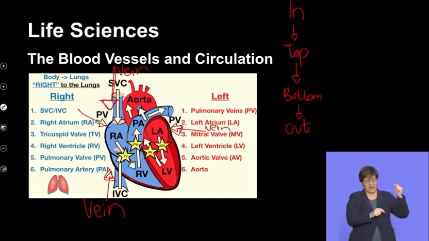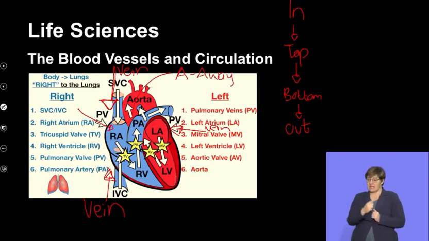If it comes in, it's going to be a vein. If it goes away from the heart, A for away, we are always going to say that it is an artery.